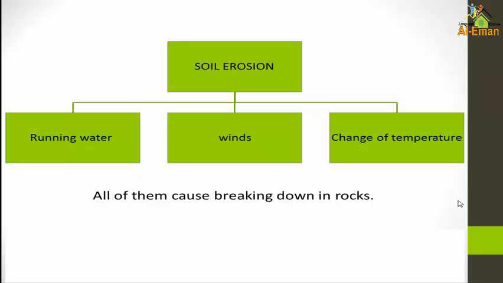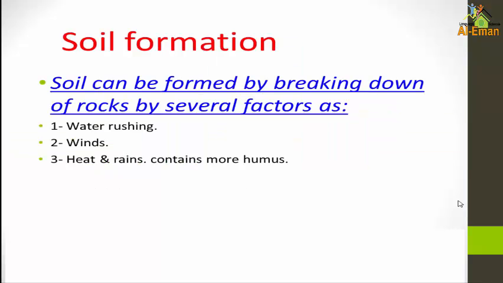As we know, the soil in our environment can undergo soil erosion, or the rocks of our soil can be broken down by running water, winds, and change of temperature. Soil formation.